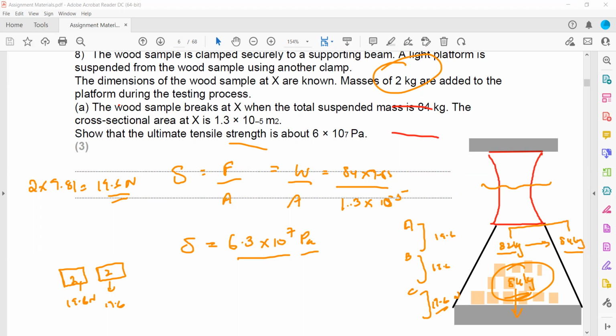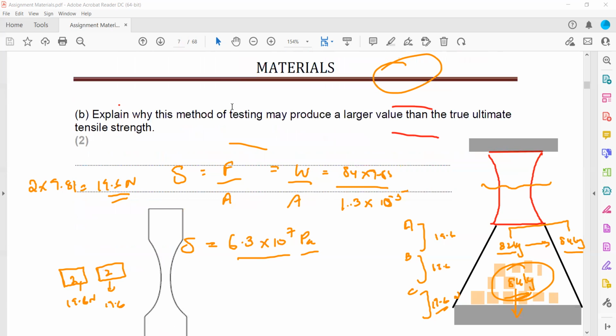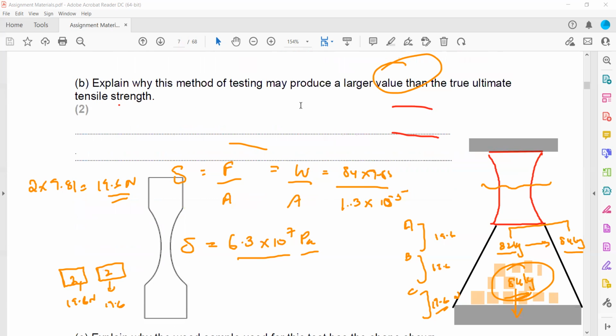Is this part clear? That is why our values may be overestimations.